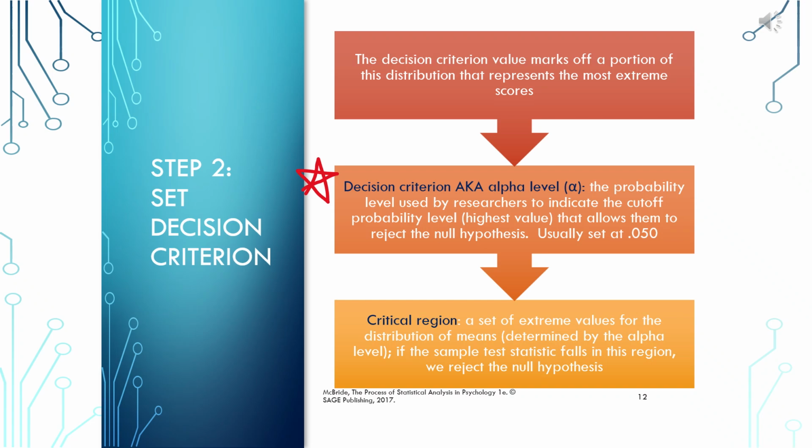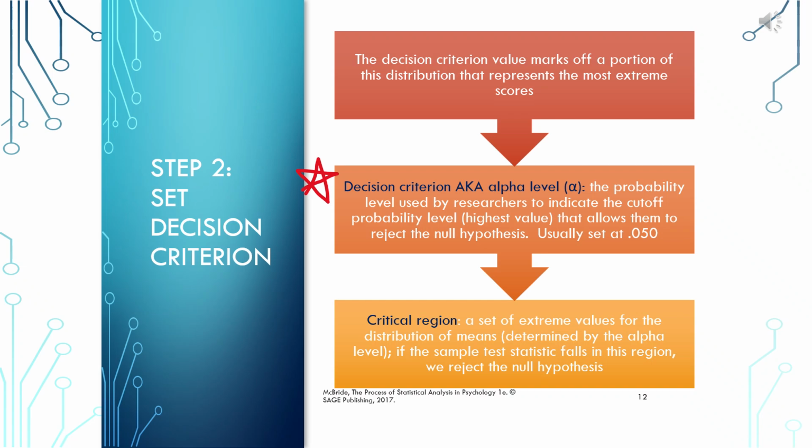If we find a value like a sample mean within that critical region, meaning it's in this extreme region of the distribution, then we can reject the null hypothesis. If it falls outside of that region, we fail to reject the null hypothesis.